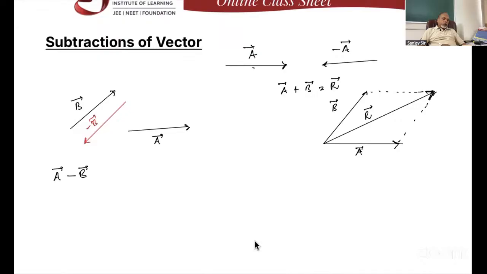Minus B. Now you add these two vectors. This is your A and add minus B in the similar fashion.